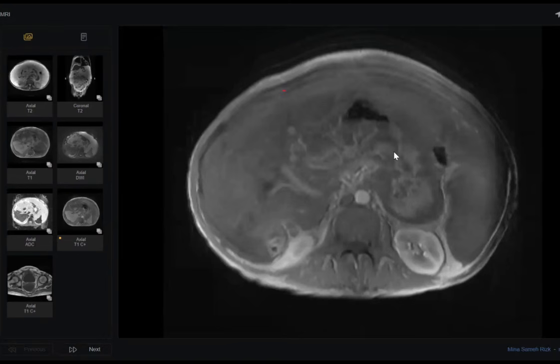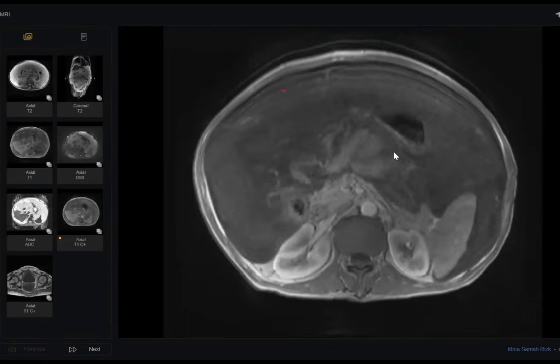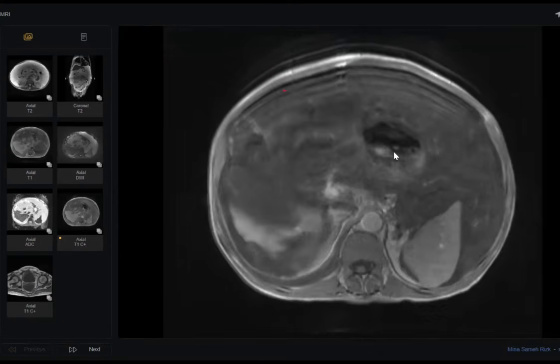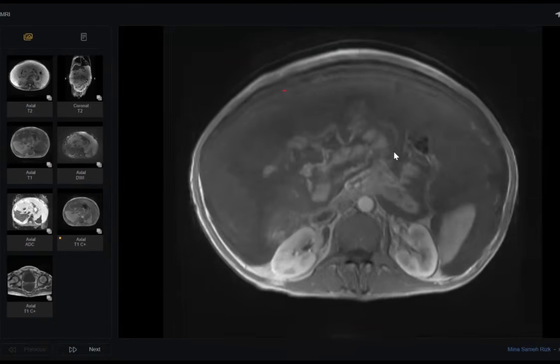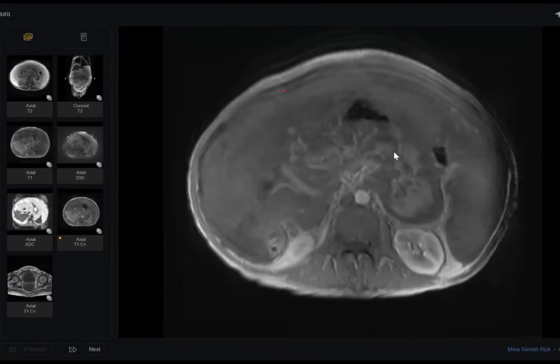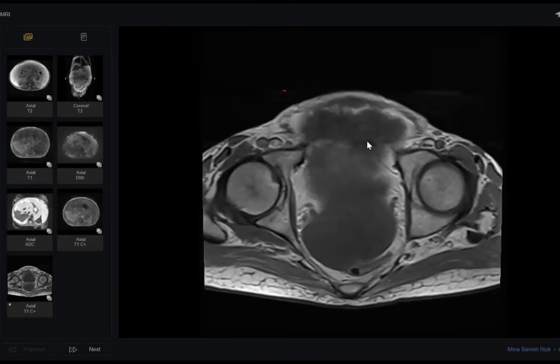I would like to see the area of the appendix, to see if there is any intraluminal mass lesion in the area of the appendix. I think this is available.